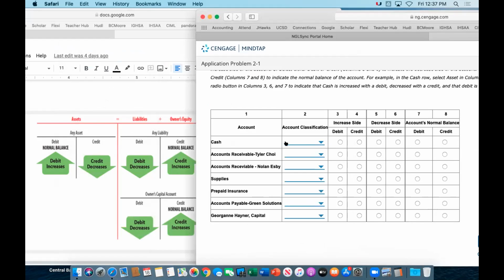So you would say, cash is an asset. It increases on the debit side. It decreases on the opposite side. What's the normal balance always going to be? The increase side, right? So in this column, normal balance, 7 and 8 will always be the same as 3 and 4. 5 and 6 will always be opposite.